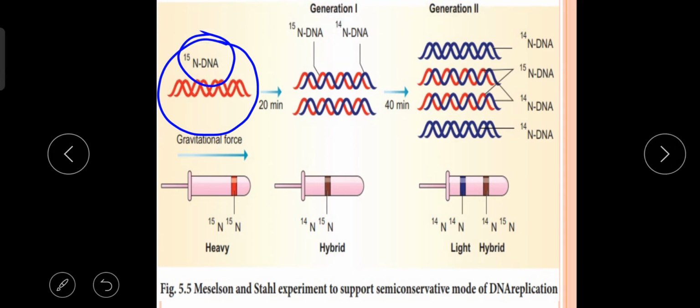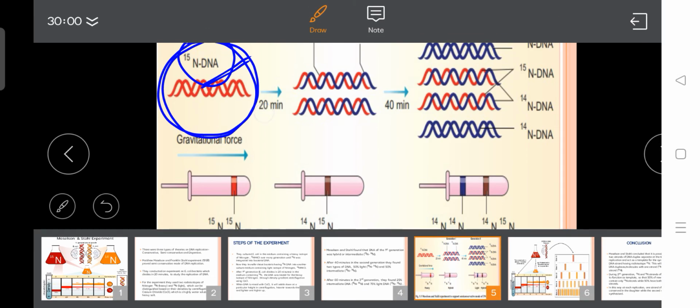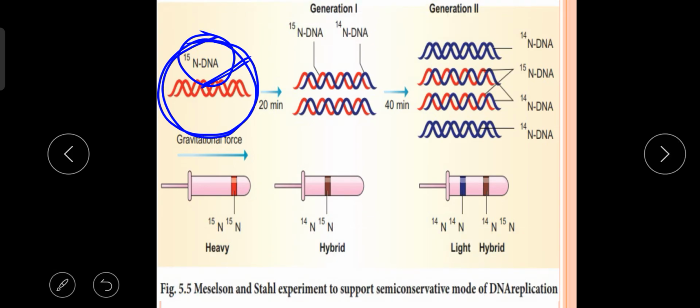That means both strands of this DNA contain 15N isotope. Meselson and Stahl now transferred this bacteria to the medium containing 14N. Do you get my point?